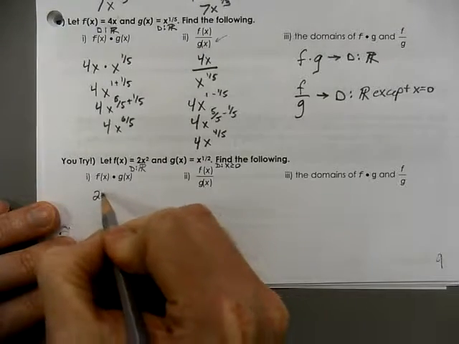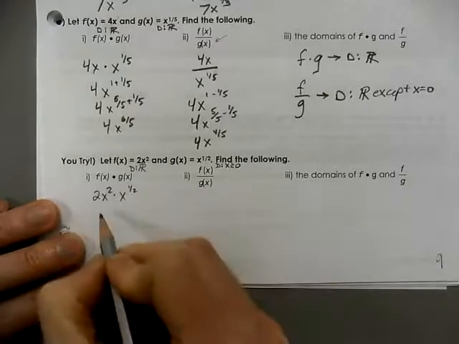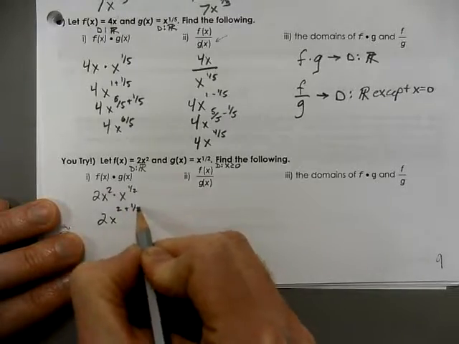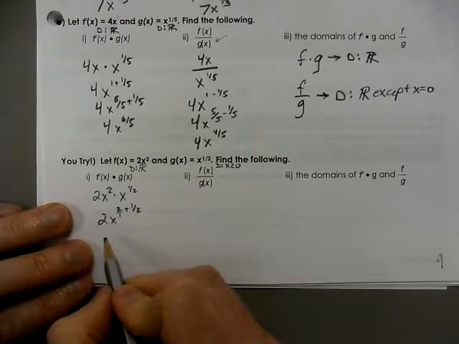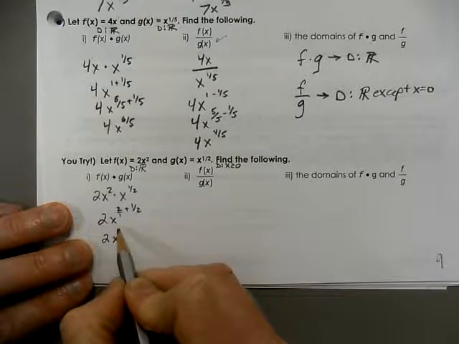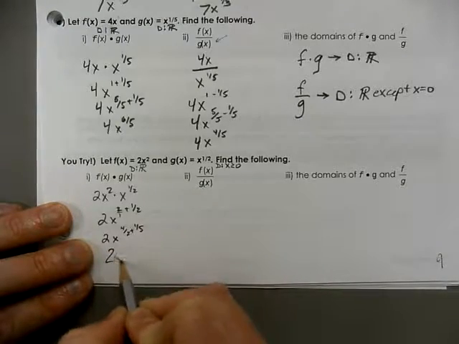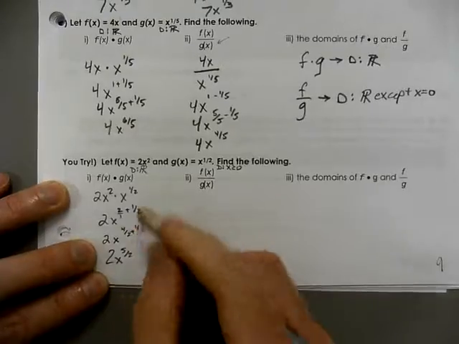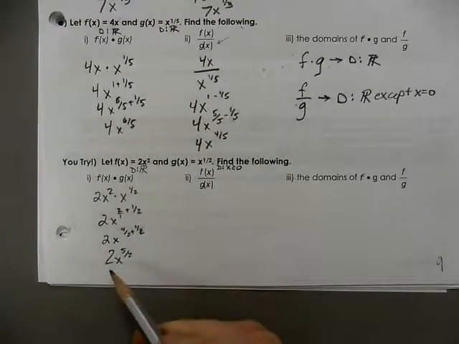We're going to multiply the two together. So when you multiply x's, you're going to add exponents.